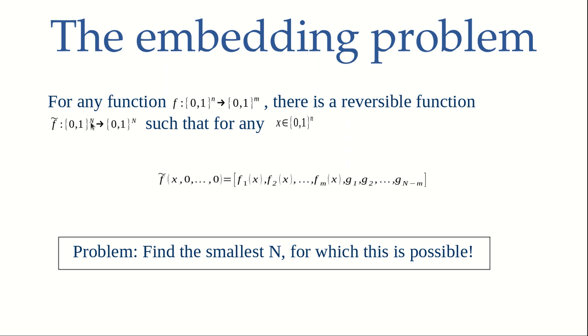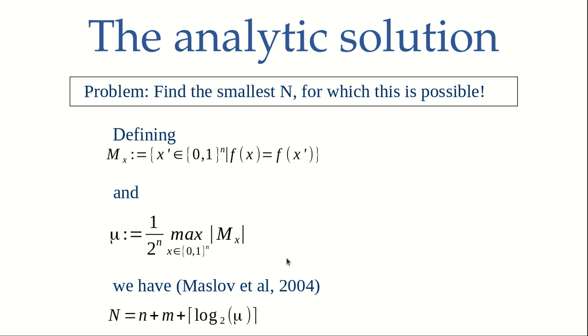And this is what we call the embedding problem. Now, this is in general a hard problem, so it has been shown that this problem is actually NP hard. Yet there is an analytic solution.